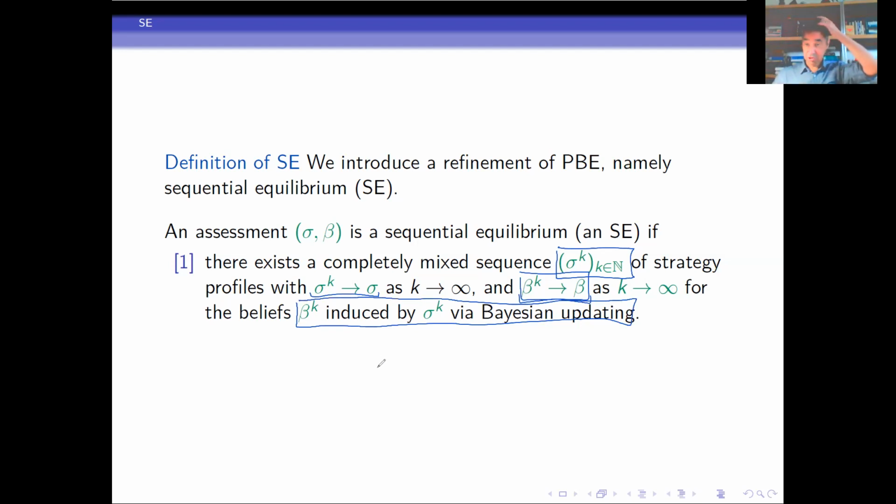So in that sense, choosing the beta k is a bit artificial, because once the sigma k's are chosen, then it follows that the beta k's can actually be computed, and not just can be computed, but are determined.